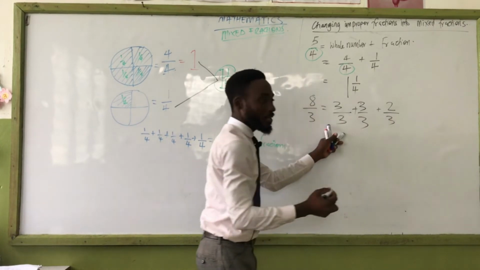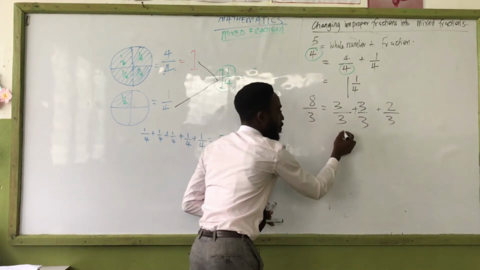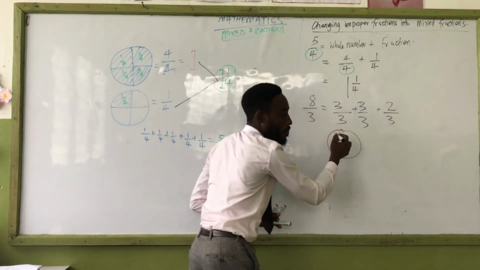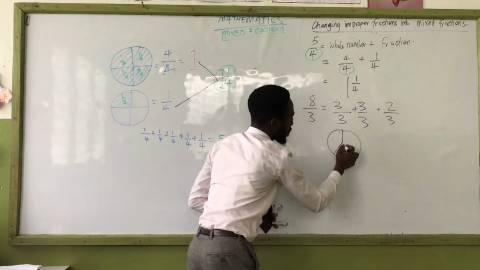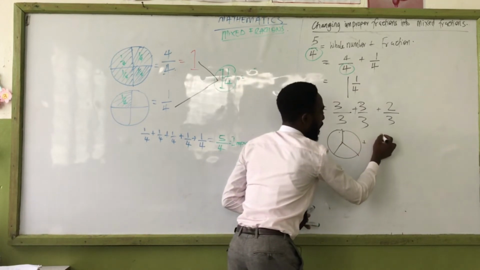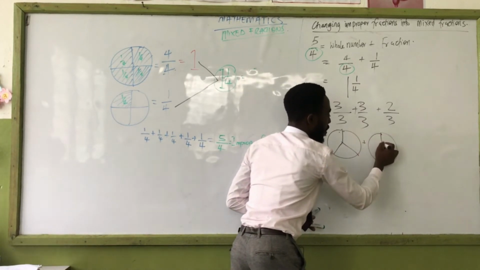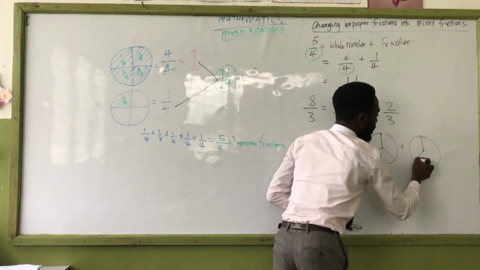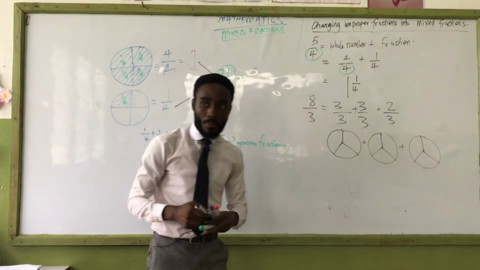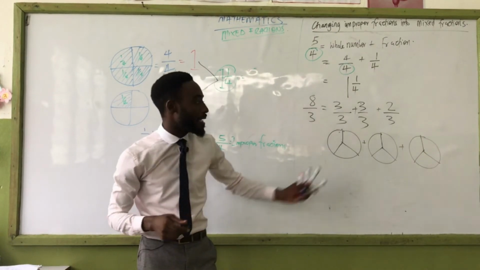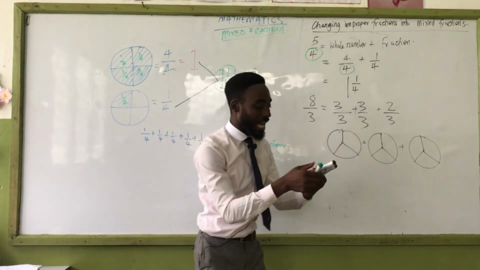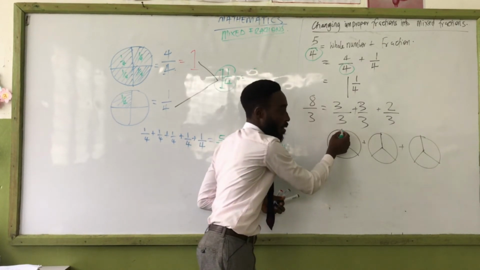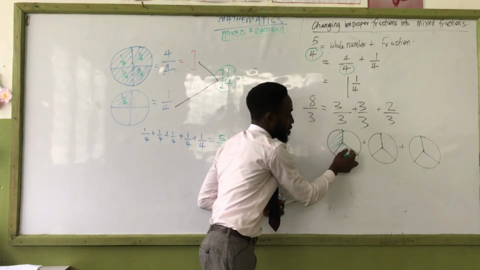So it means the thing is going to look like this. I got 8 out of 3 because I had this. So I picked how many from here? 1, 2, 3.